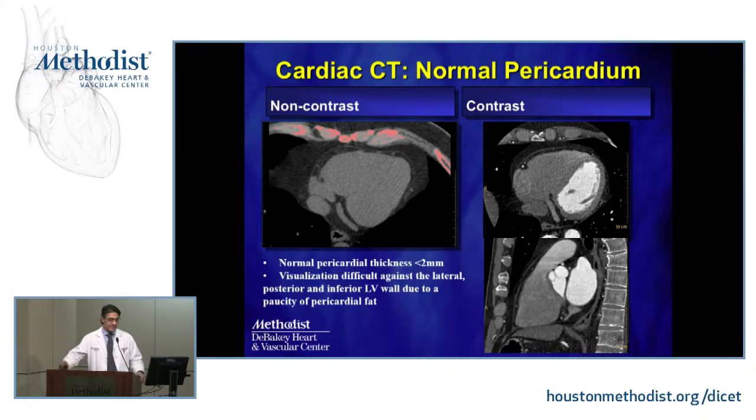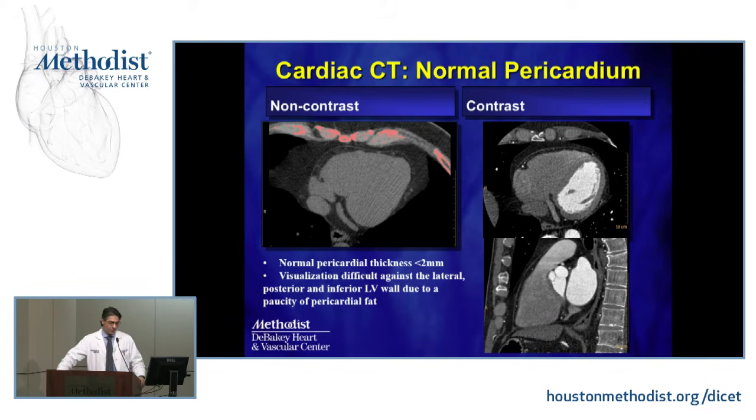Now, what about CT? CT, of course, is also a tool that has the highest spatial resolution, so it should not have any problems visualizing the pericardium. The main point of these slides is, again, that you see the pericardium best anteriorly over the right ventricle, because it is surrounded by fat there, so you get this natural contrast between the two tissues, and less so in the infralateral LV wall.